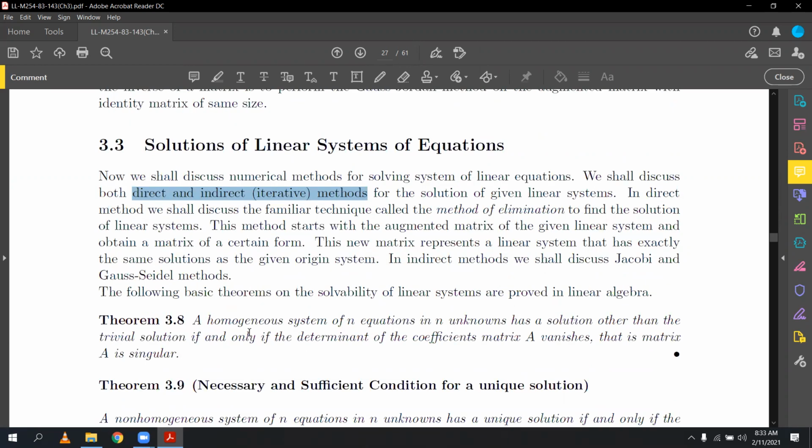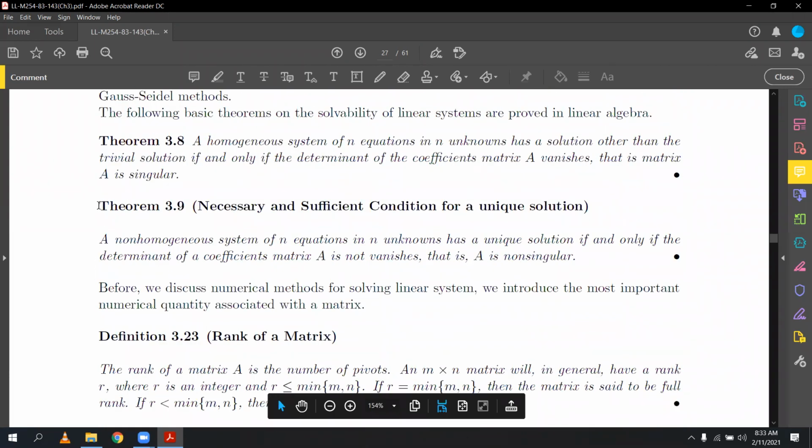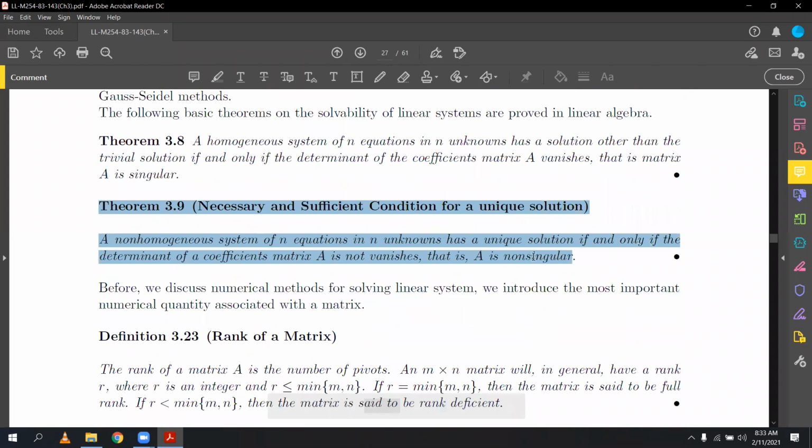As I told you, a homogeneous system of n equations, this homogeneous simultaneous system, never has a unique solution because its determinant is 0. This is a condition we need here, which I mentioned in the part. This is an important step for chapter 3.